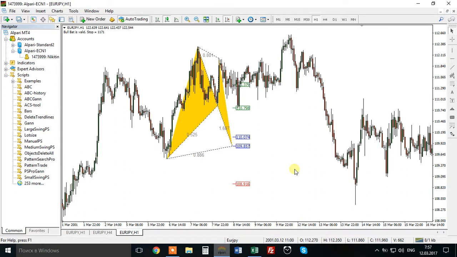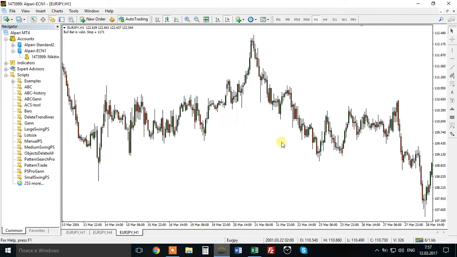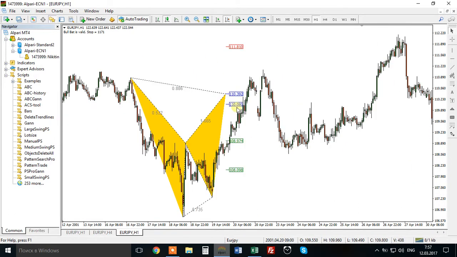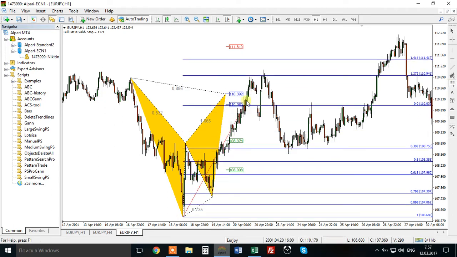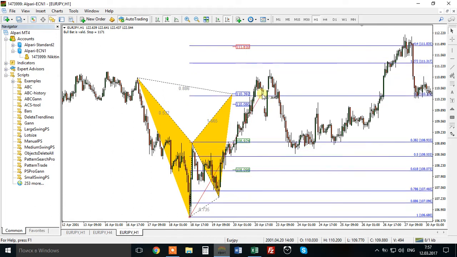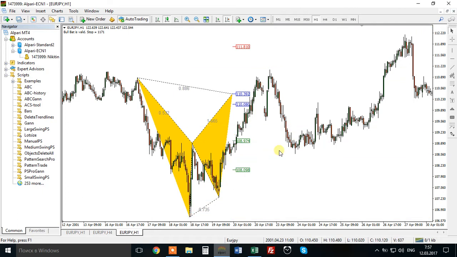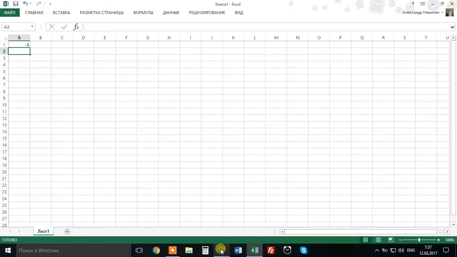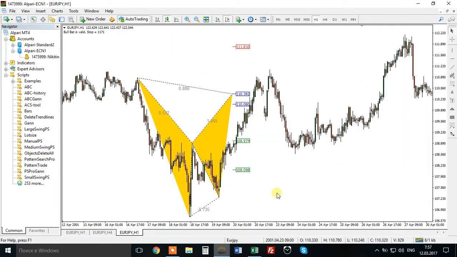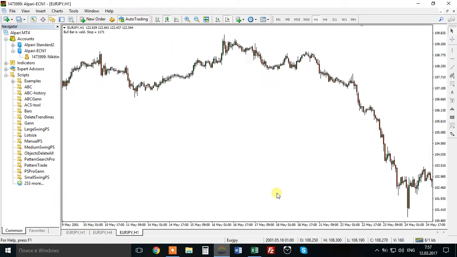Go next. Violated C point. Obvious winner. Stretching the fibs from swing low to swing high this way, and we have that 382 hit. This was a winner. Okay, in obvious cases I will not stretch those fibs.